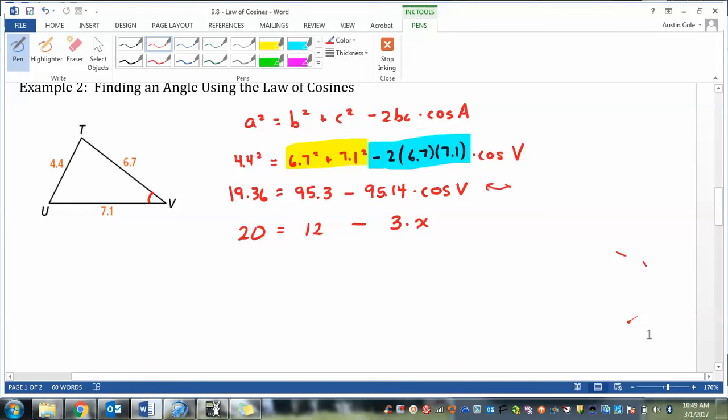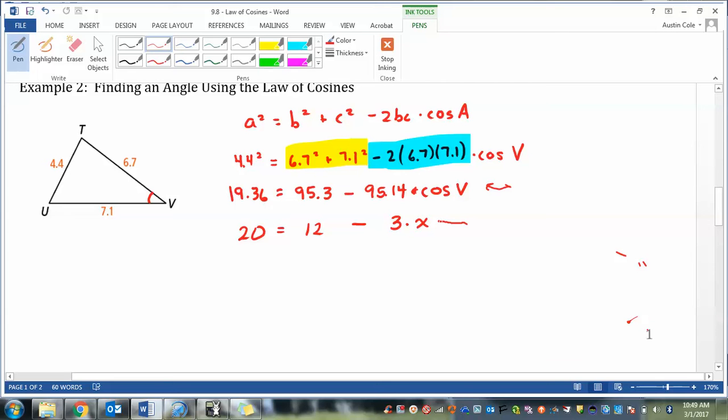I've got a number with an equal sign, another number minus a number times an unknown. Now, we would never subtract 12 and 3x, would we? We would never do that. After about 7th grade, we knew that we couldn't do that anymore. Well, it's the same way up here. I can't do 95.3 minus 95.14 because there's multiplication that's attaching those.